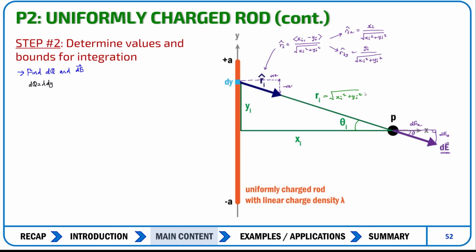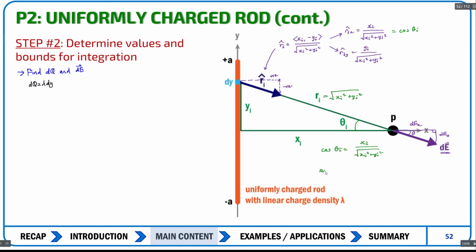So since cosine of theta is equal to xi over the square root of xi squared plus yi squared, I can technically replace this with cosine of theta i. Now, I can do the same thing with sine.